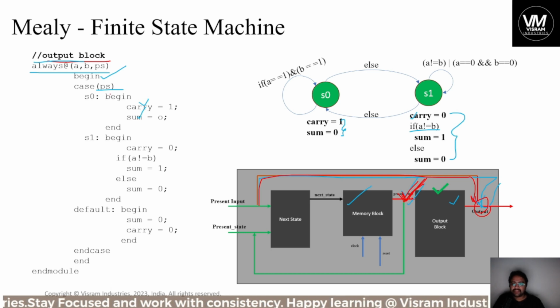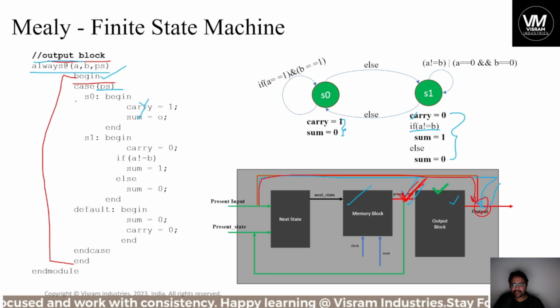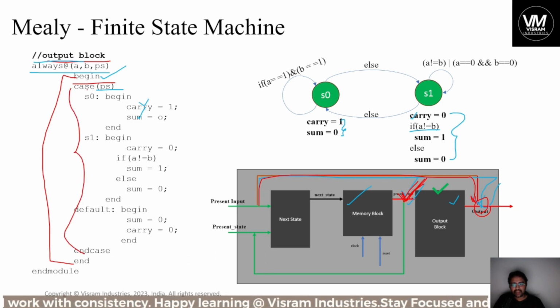Hence, you can see begin the process, end the process. In between, you can write the process and case, end case. With the case, what are S0 and S1? There are two states. At S0 and S1, what do we need? Begin and end. Carry is equal to 1, S is equal to 0.